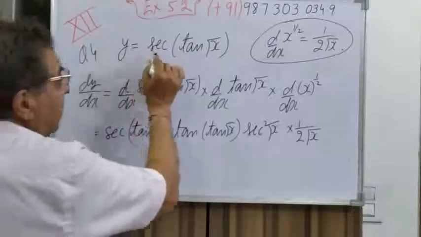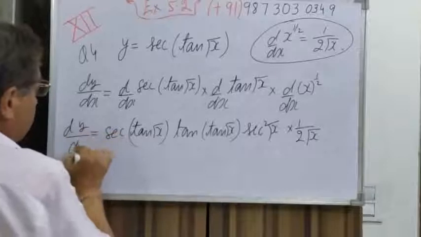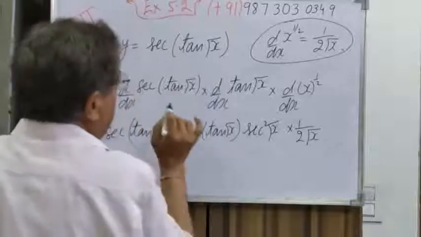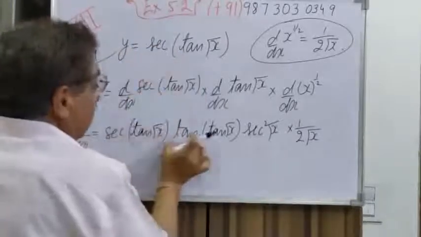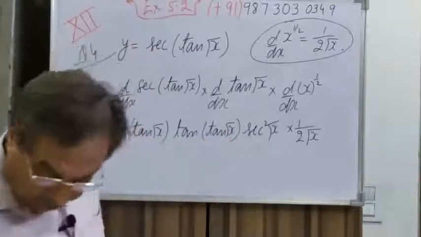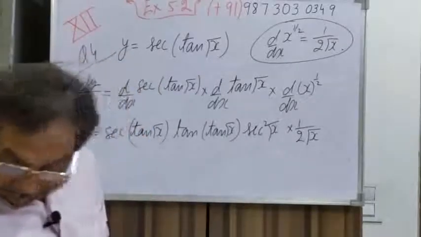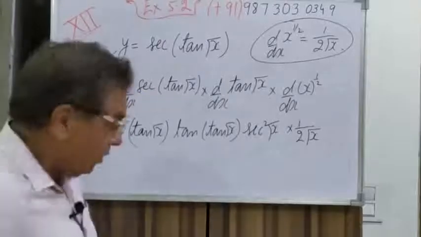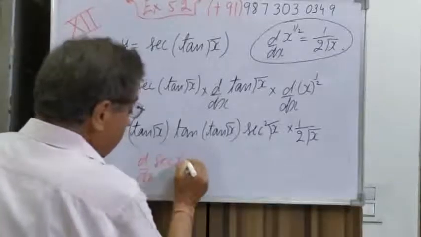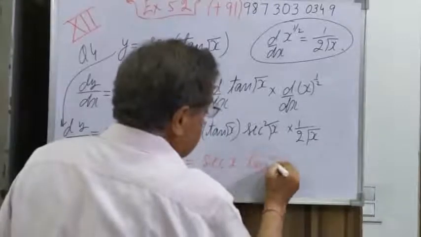That was y equals secant tan root x. The derivative of this one is secant tan root x, secant into tan, as per the formula of secant x. What is the formula for secant x? Just recall, d/dx of secant x is always equal to secant x into tan x.